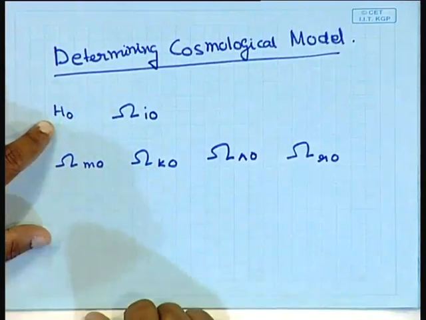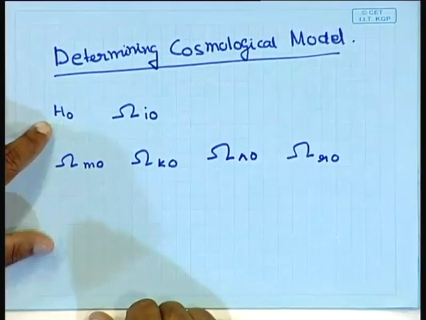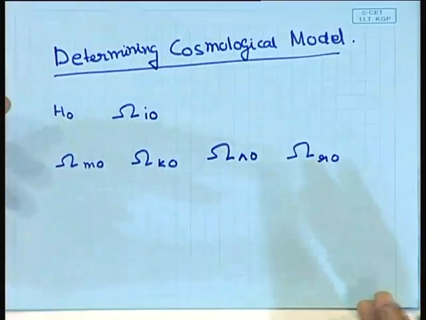So, one possible method is based on these distance measures. The Hubble parameter you obviously will determine from distances. The way Hubble did it was he directly determined distances and he determined redshifts, and Hubble found that they had a linear relation, which we have seen is true at small z.